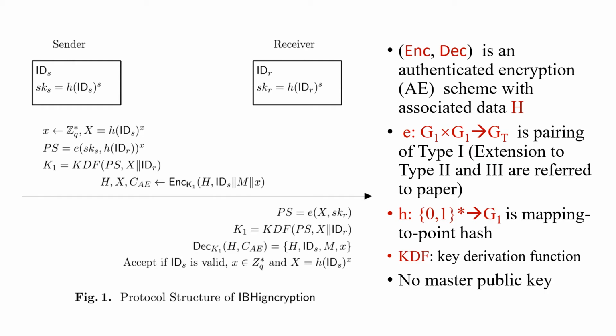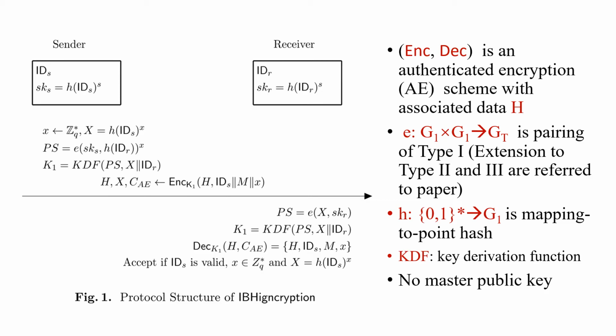H is a map-to-point hash. KDF is a key derivation function. For each user, the secret key is the hash of its identity to the power of small s. Small s is the master secret key. Note that here we do not have the traditional master public key.